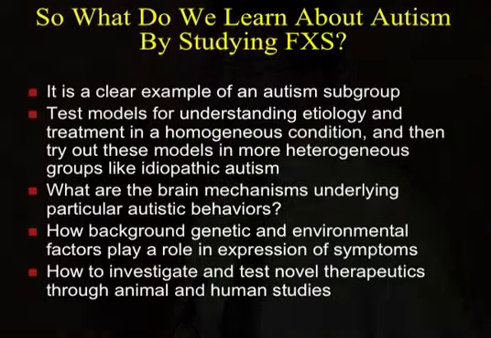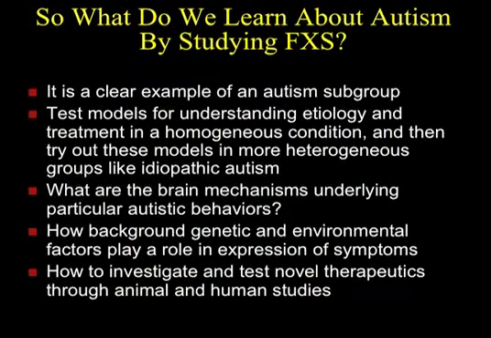So just to go back to the original question, what do we learn about autism by studying Fragile X? As I mentioned at the beginning, it's a clear example of an autism subgroup. There have been lots of efforts here and other places to phenotype autism and find identifiable subgroups, and we know already that this is one of them.